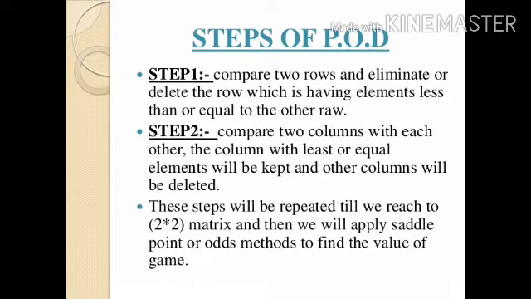We take the row and delete the least value. When we take the column, we delete the highest value, because player A is the gainer and player B is the loser. This is the general property of row reduction and column reduction.